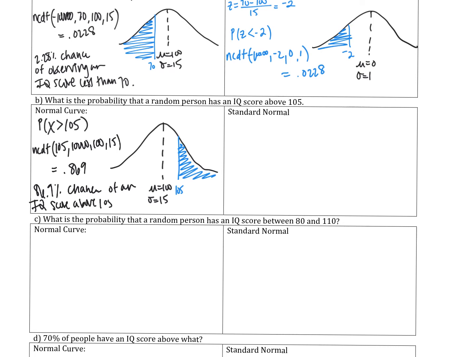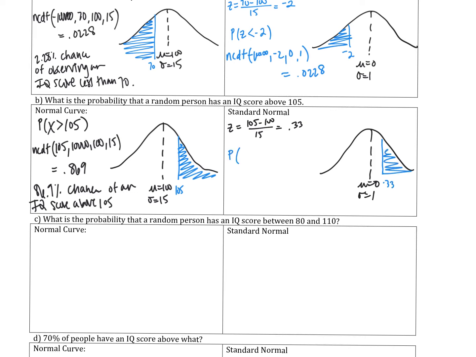Let's look at the corresponding standard normal curve, centered at 0, standard deviation of 1. I've got to get a z-score here. Z equals 105 minus 100 over 15, and we get out 0.33. So this lies 0.33 standard deviations above the mean.